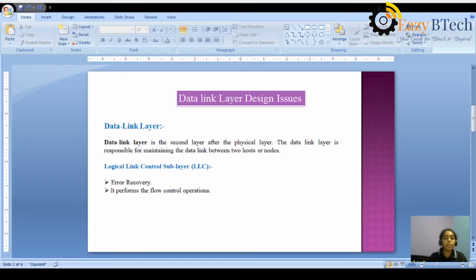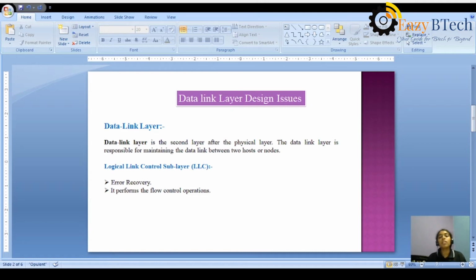These are the two sublayers we have in the data link layer. So what is the functionality of these sublayers? We have different responsibilities in the data link layer, namely flow control, physical addressing, and error control. These responsibilities are shared by these two layers.